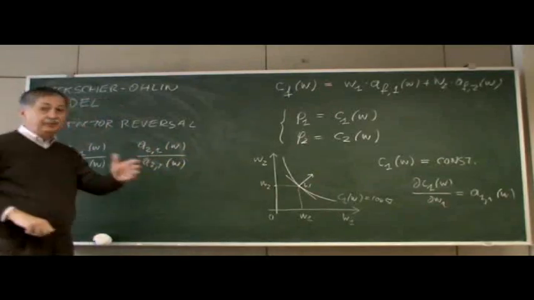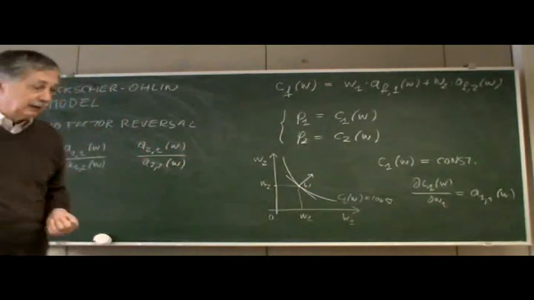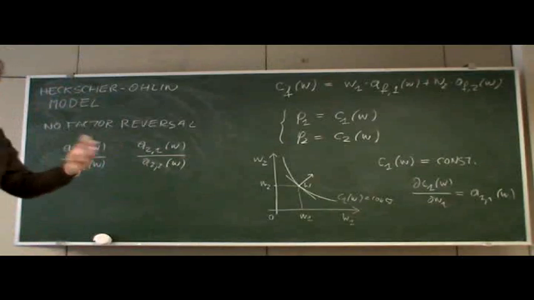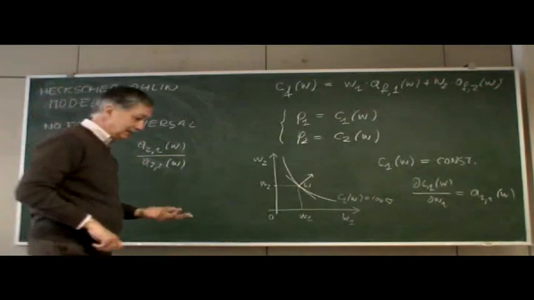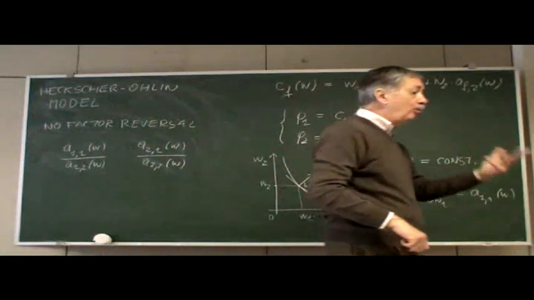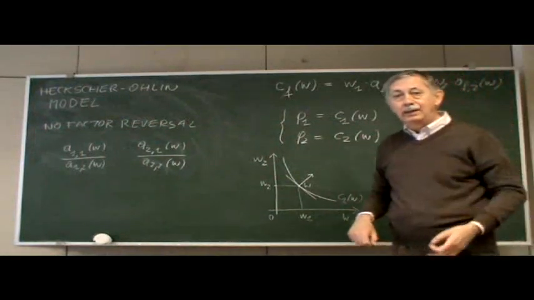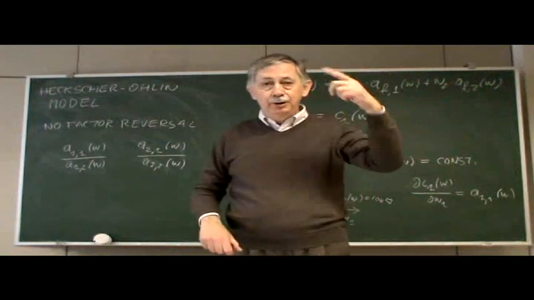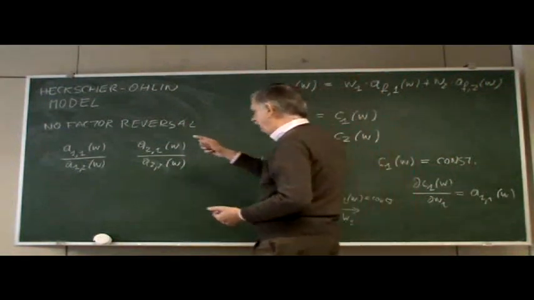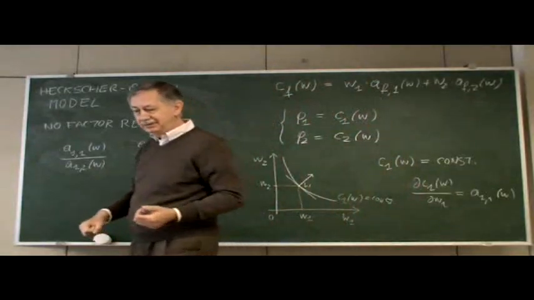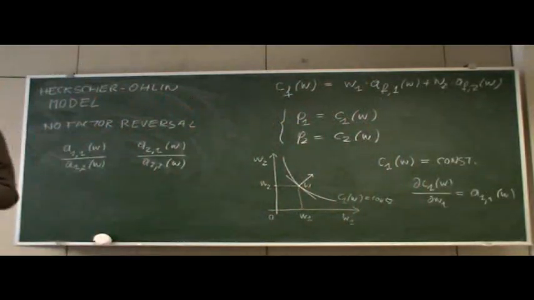For example, if factor 1 is labor and factor 2 is some type of capital, this factor intensity tells us how many units of labor are employed for every unit of capital. Clearly, these factor intensities change when the factor price vector W changes.